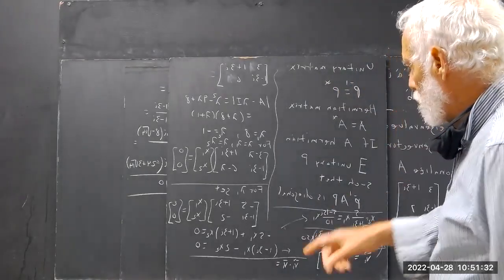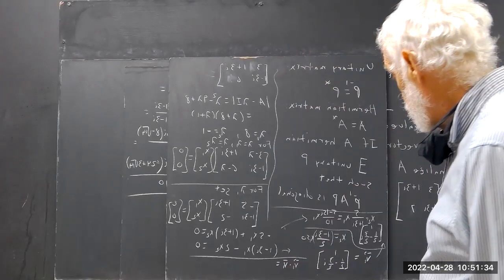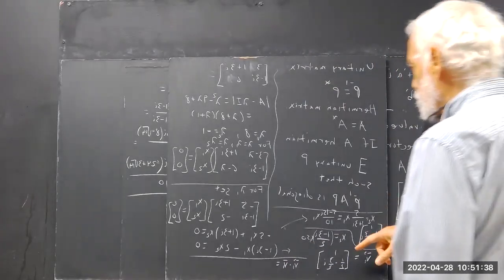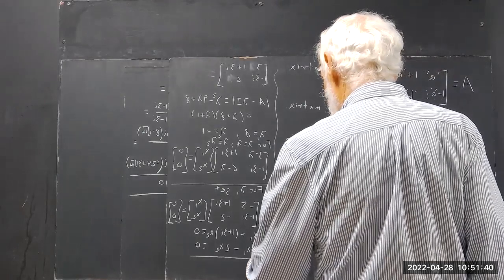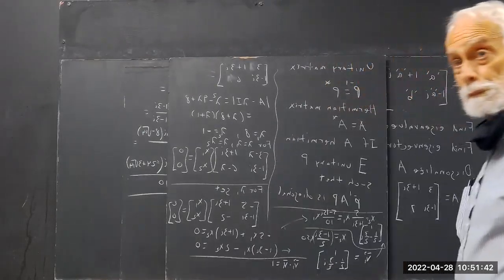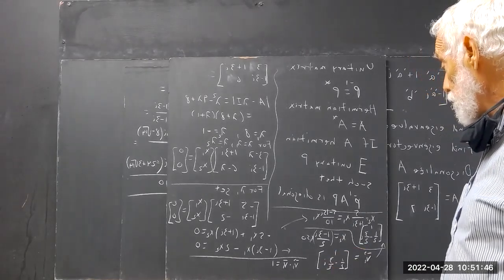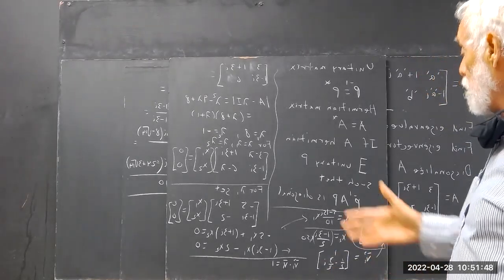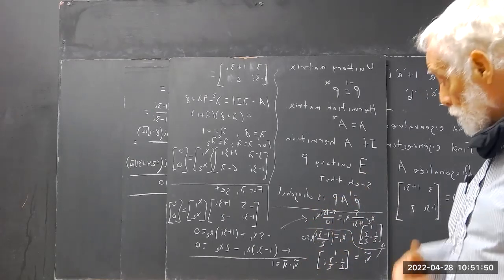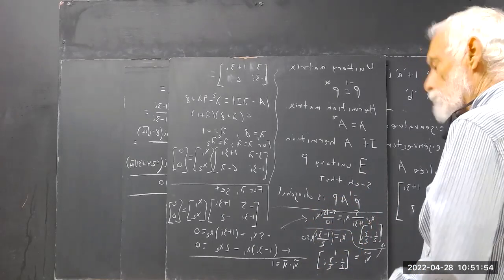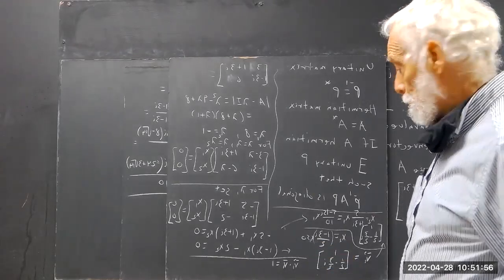V1 dot V1 conjugate is you're going to have 1 times 1, which is 1, okay? Then you're going to have 1/2 minus 3 halves i times 1/2 plus 3 halves i. That's 1/2 squared plus 3 halves squared, which is 1/4 plus 9/4.